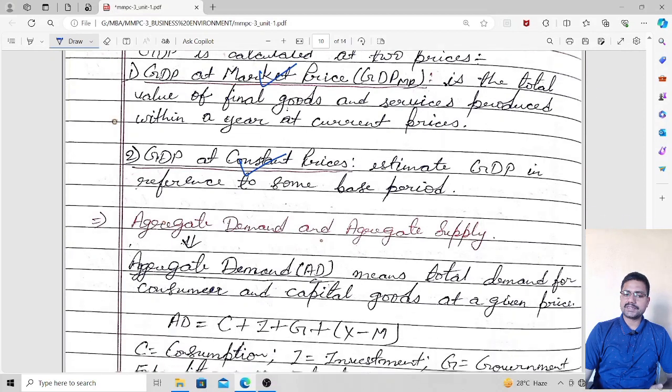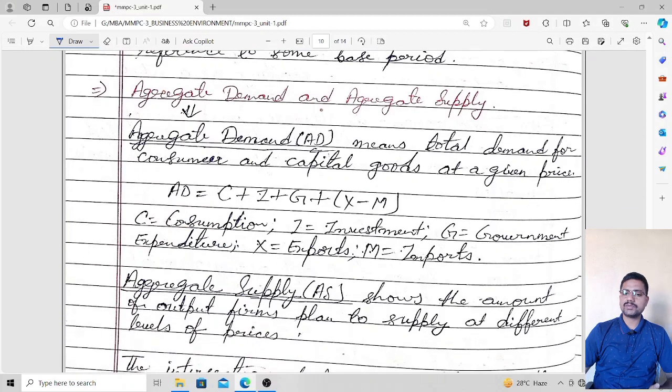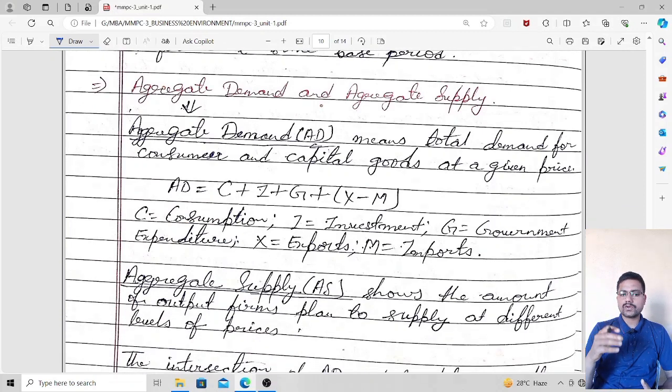Aggregate demand and aggregate supply. Aggregate demand means total demand for consumer and capital goods at a given price. Aggregate demand includes consumption, investment, government expenditure, and exports minus imports, that is net exports.